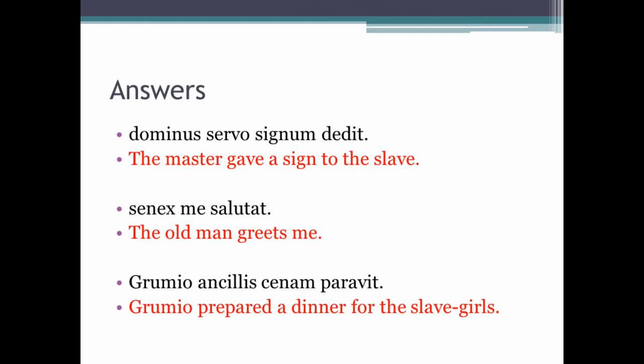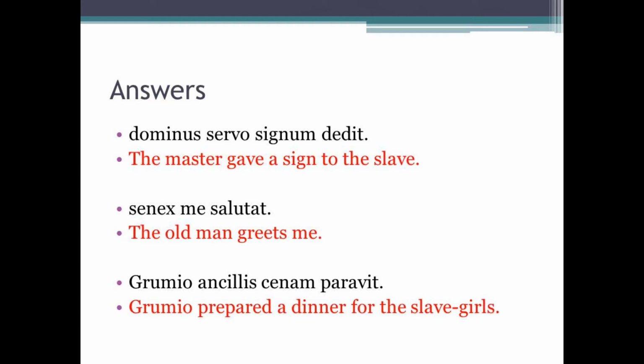Notice here that dedit is in the perfect tense, even though it doesn't have one of the V-sucks clue letters. It's just an irregular perfect. Senex me salutat. The old man greets me. Grumio ancillis cenam paravit. Grumio prepared a dinner for the slave girls.